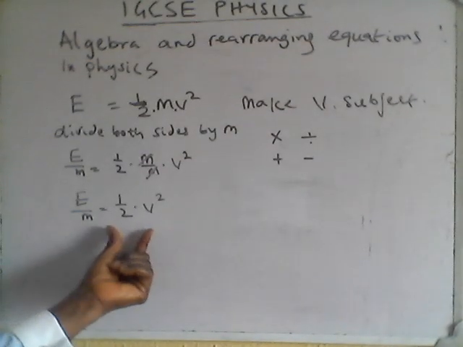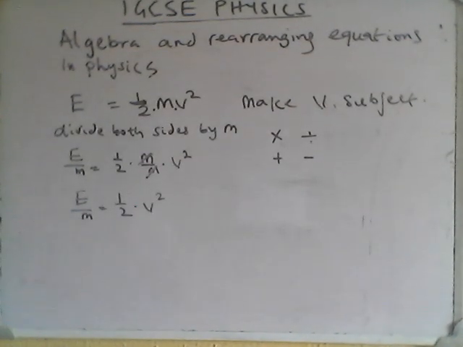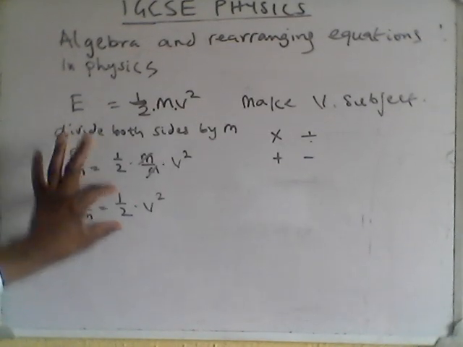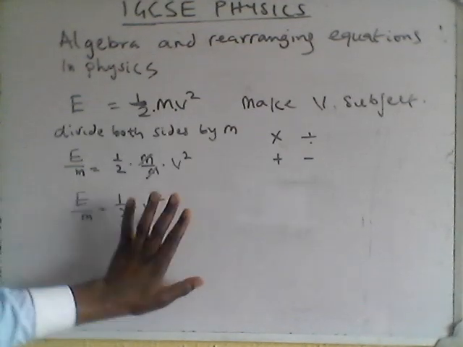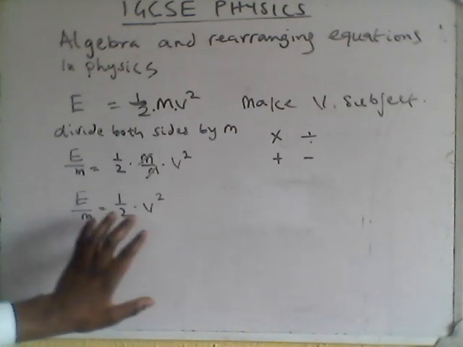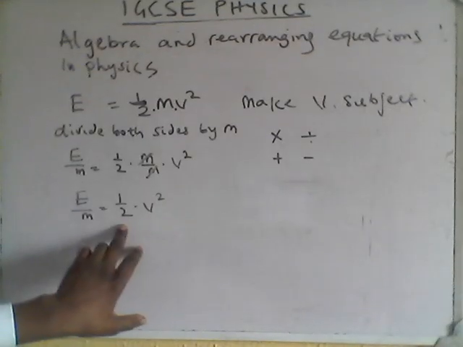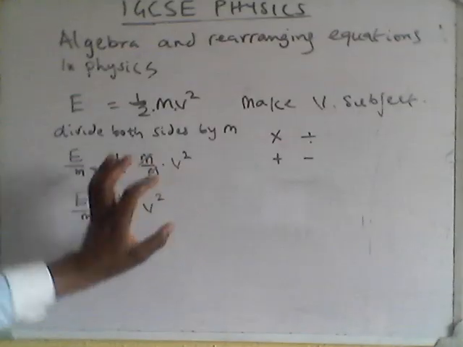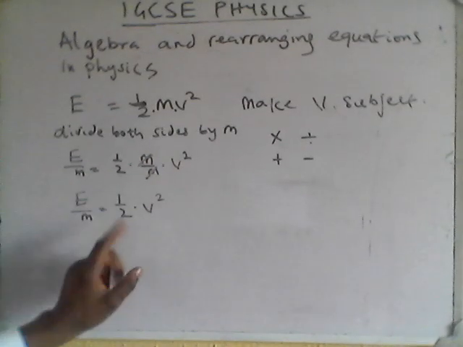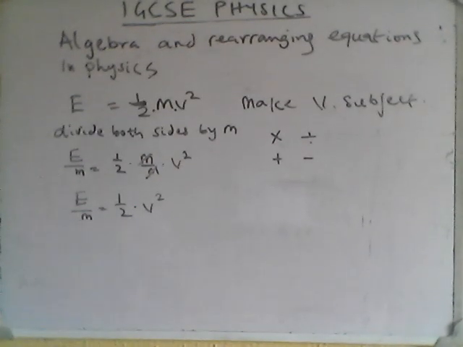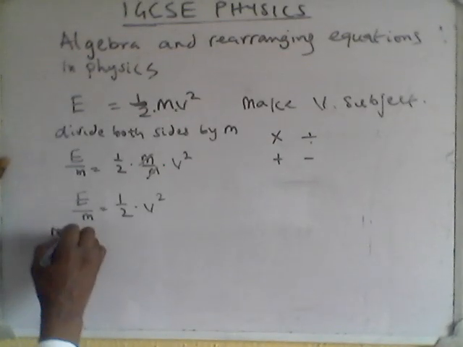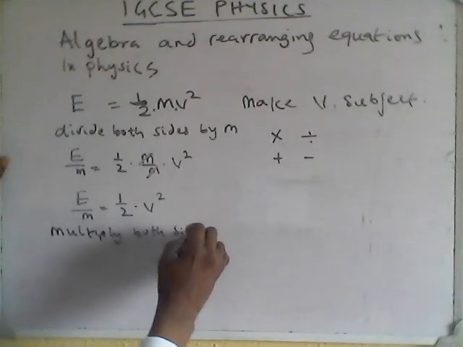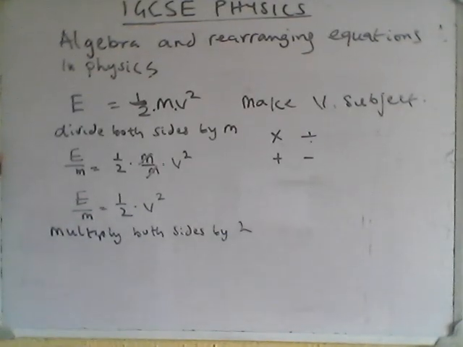So what I have left now is E over m is equals to half times v squared. Now, I still have half attached to this. I still have power of 2 attached to v, right? For me to remove this half, what can I do? If I multiply both sides, this side and this side, by 2, this half will disappear. So I can come here again, I will say multiply both sides by 2.